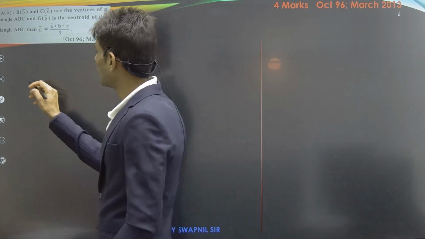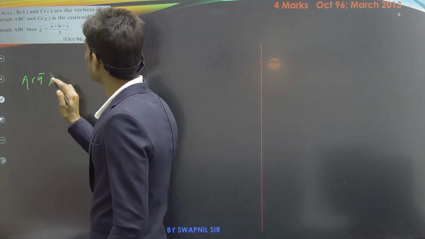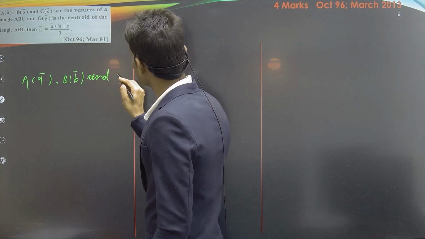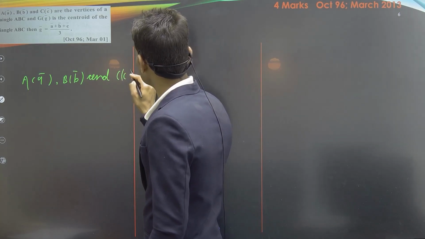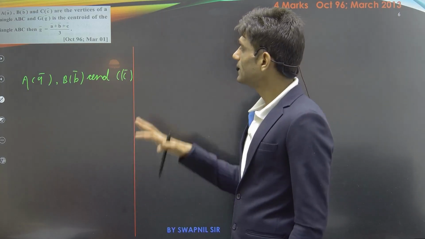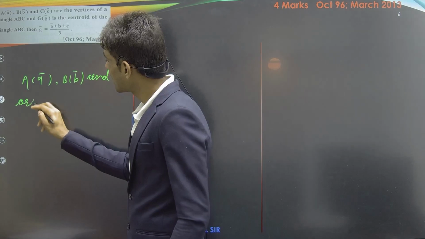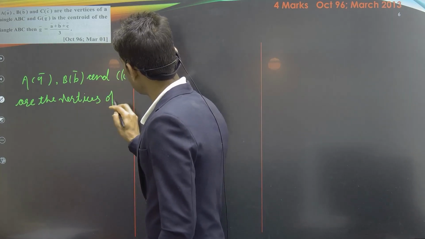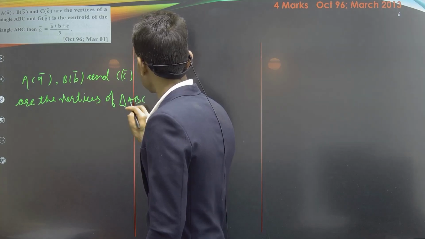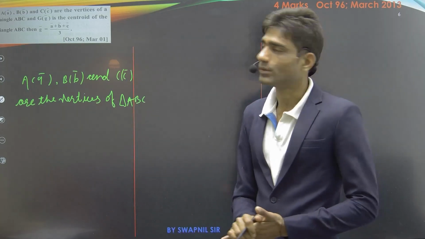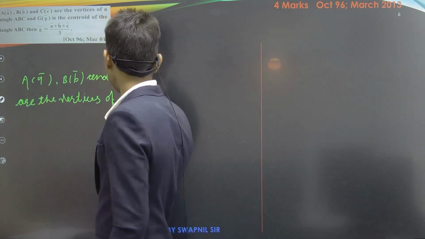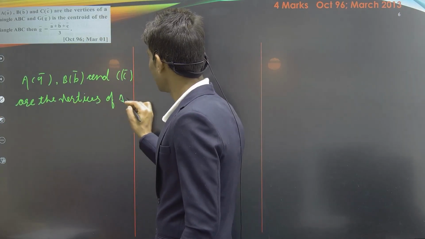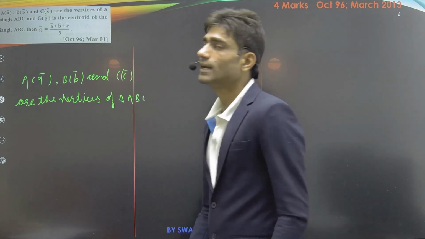These 3 are the vertices of triangle ABC.